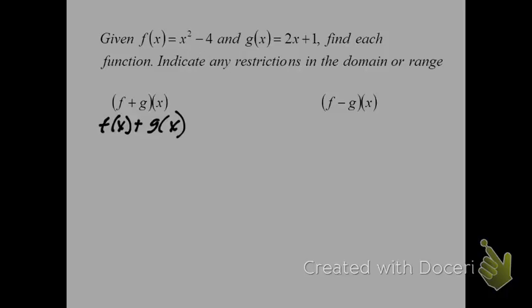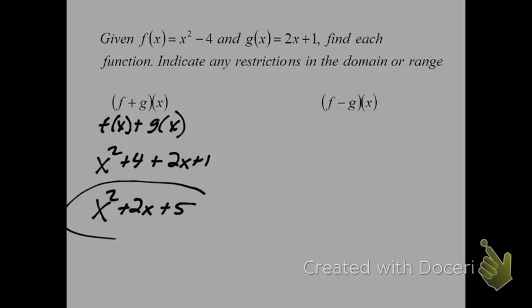You substitute x squared minus 4 in, plus 2x plus 1, and then you go through and do your like terms. So x squared plus 2x minus 3, and that's it. And then on the second function, f of x minus g of x.